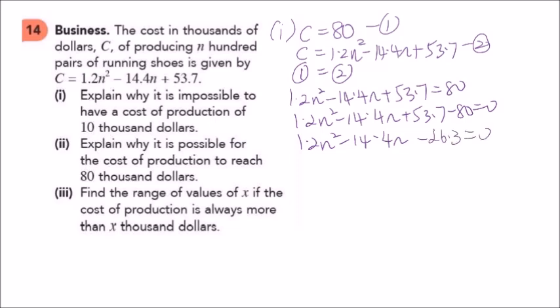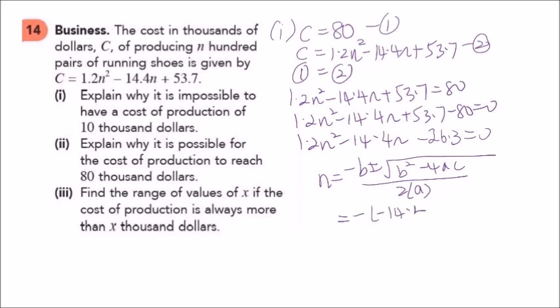Then we solve this quadratic equation using the quadratic formula and see if we can get some values for n. The value of b is negative 14.4. Negative 26.3 over 2 times 1.2.